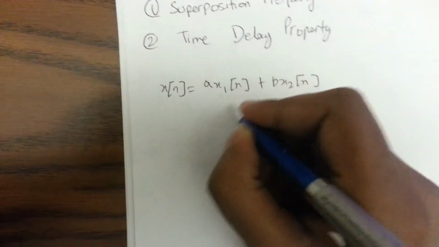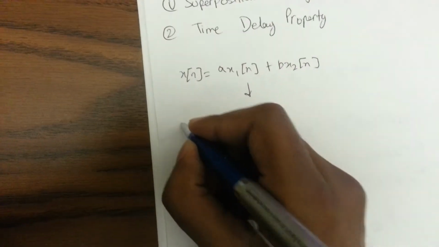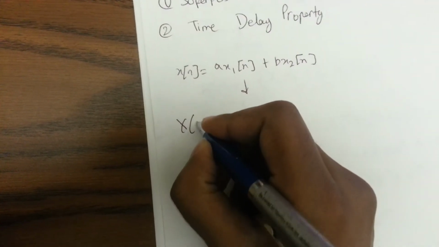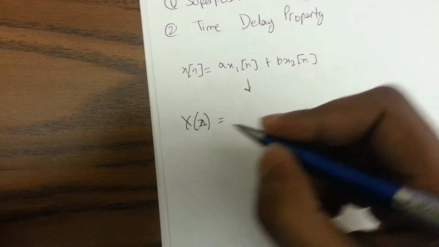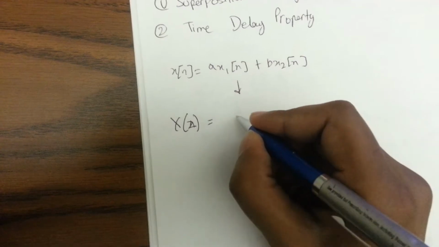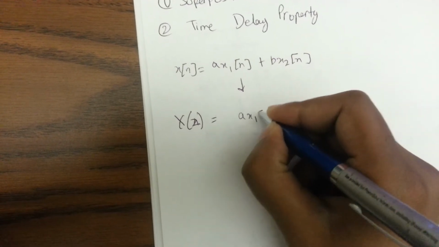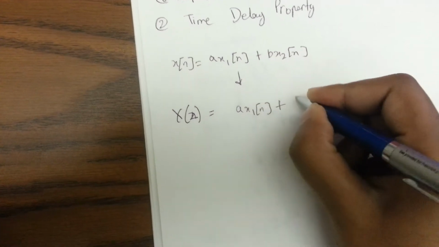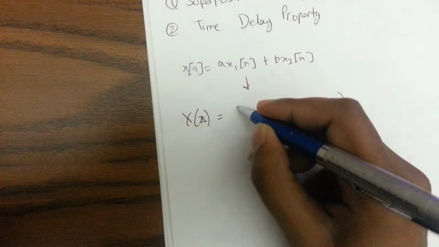So if we try to translate this to the z domain, we will get X of z equals the sum, from n equals 0, of a x1 of n plus b x2 of n, in the z domain.